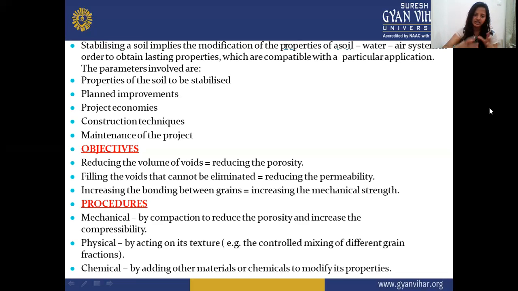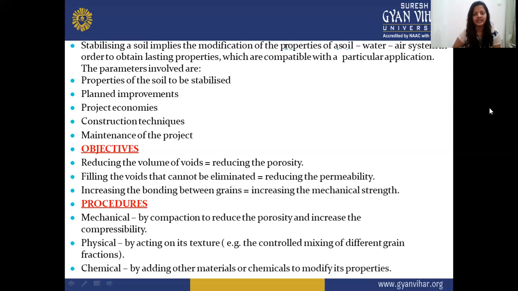So these materials have a tendency to adhere soil particles all together and form a bond, and when these bonds increase in the volume or the mass, it obviously becomes a very solid structure, gives great mechanical strength, and it can resist a lot of force which is exerted on it.